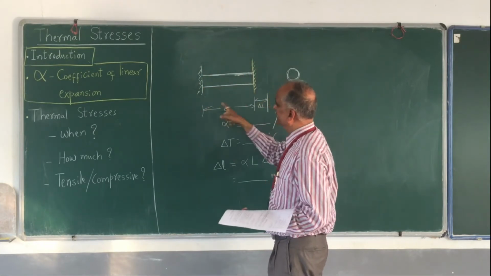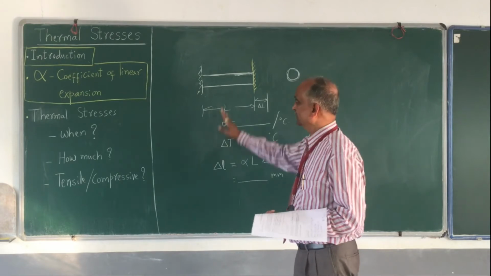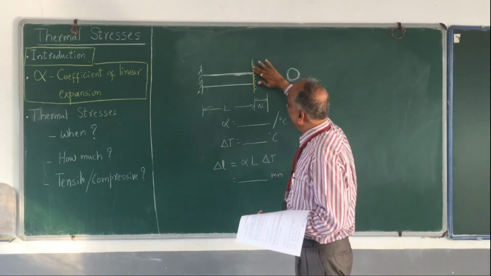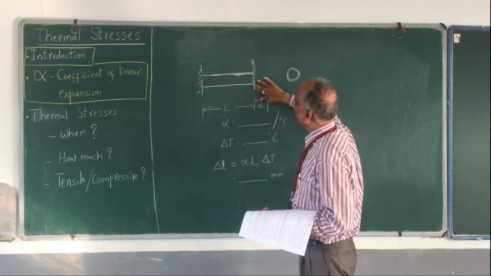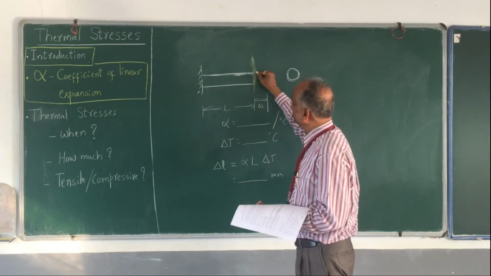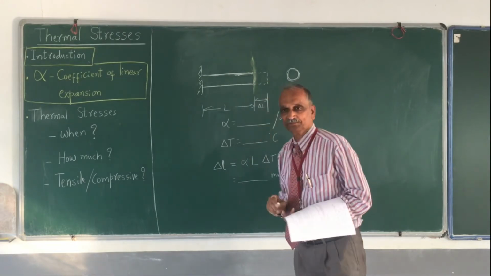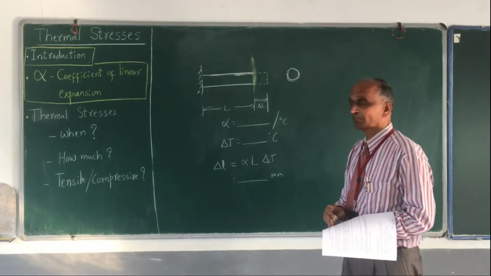This is the bar, its length is L, and it is at temperature T1. Now the temperature has changed to T2. For a while, imagine that this wall is not there. Then what would have happened? It would have increased its length by this much, that is delta L given by this value.